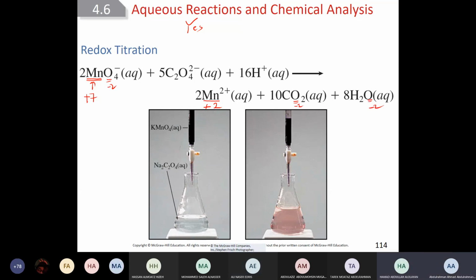So what happened to oxygen? Nothing. How about hydrogen? What's the oxidation of hydrogen in here? +1. In here? +1. What happened to hydrogen? Nothing.